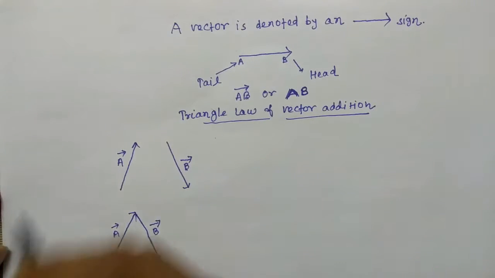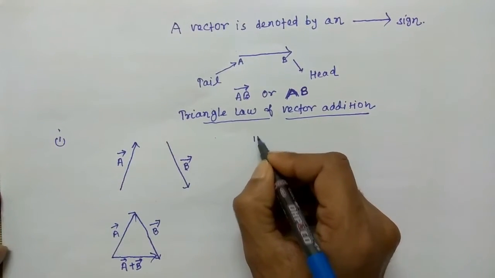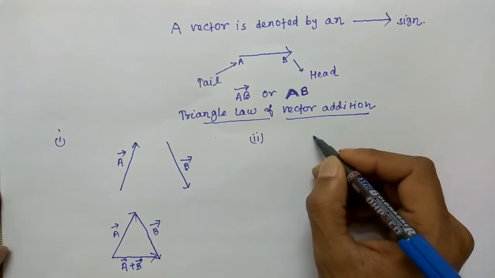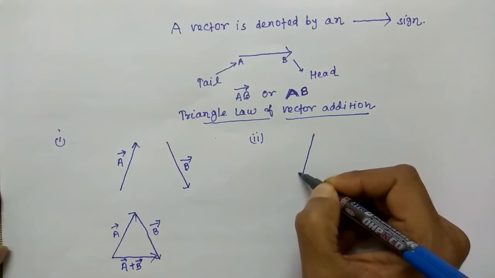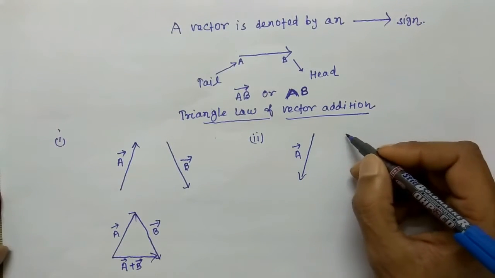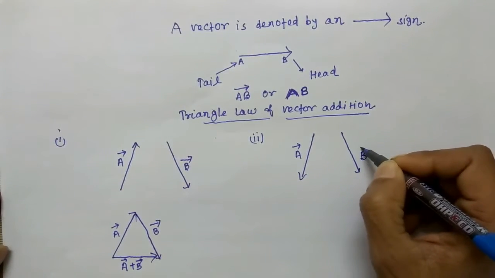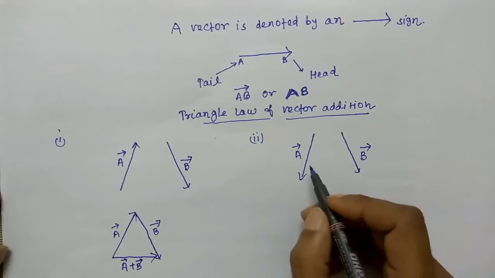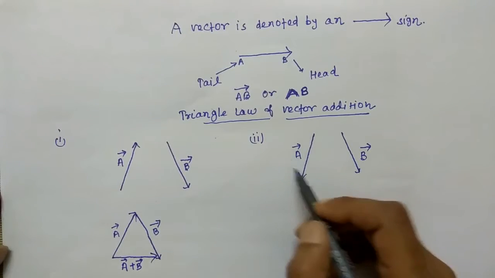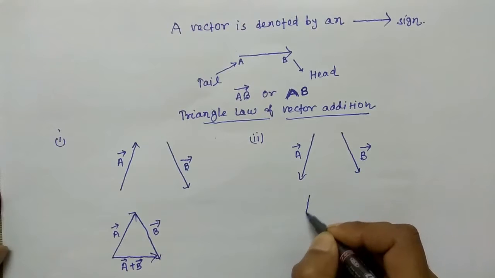Now consider a second example. This is vector A and this is vector B. We have to add by triangle law. So I am taking vector A as the first vector.